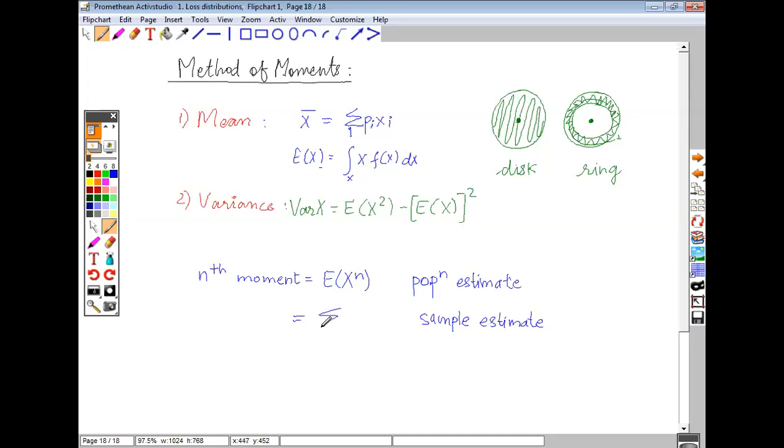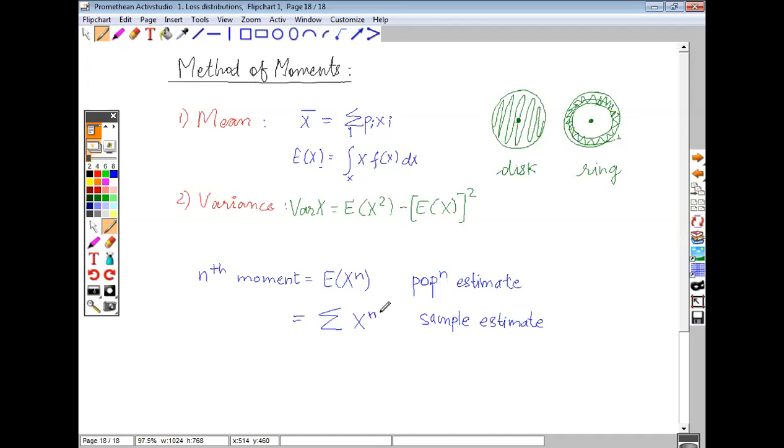It would be something like summation of x raised to n, into probability.